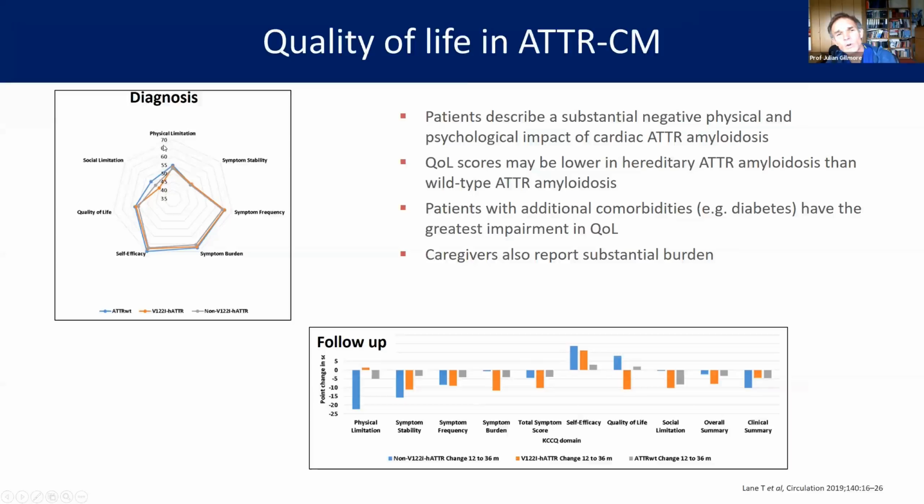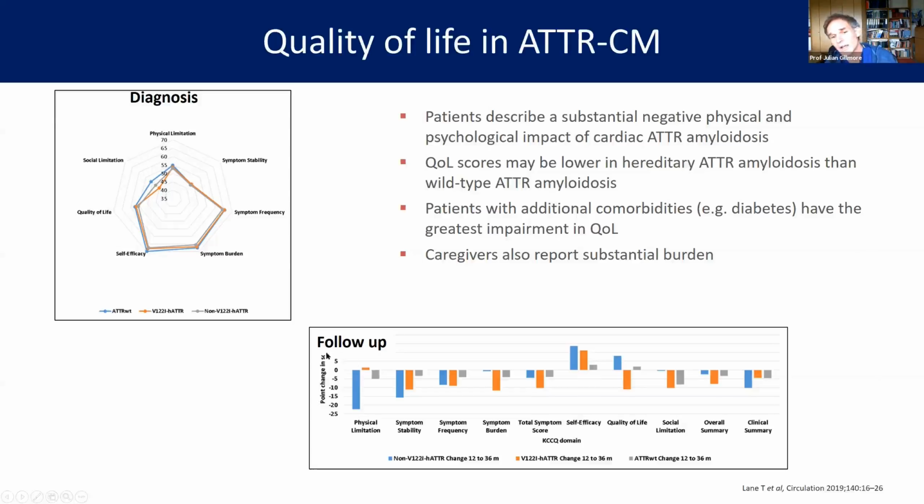The normal quality of life, the circle should be up here somewhere above 70. And what you can see is that quality of life in patients at the time of diagnosis with ATTR cardiomyopathy, which as I said is often very delayed, is significantly reduced. And many of you will be more than aware of that.